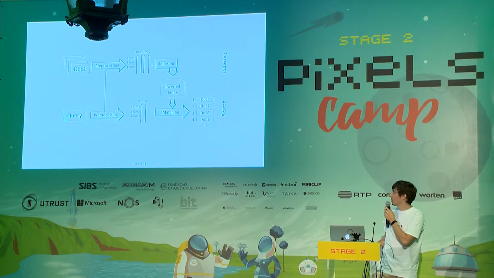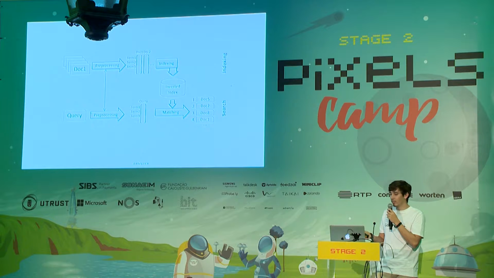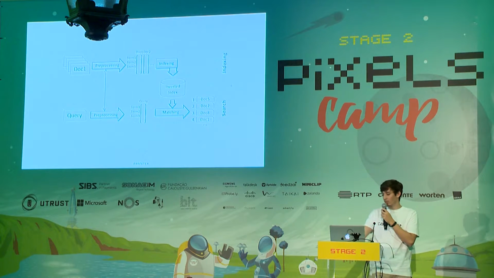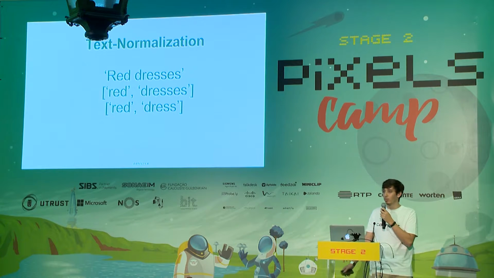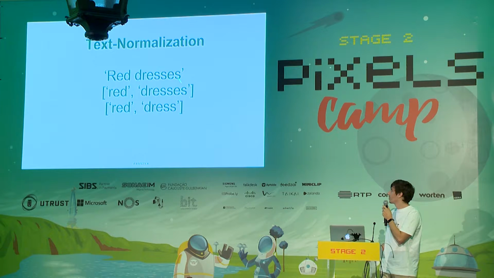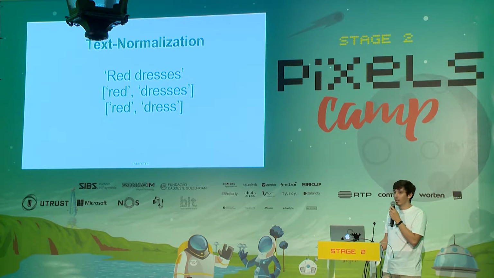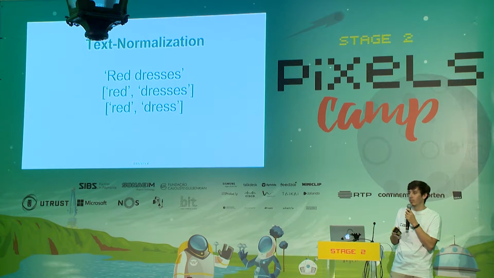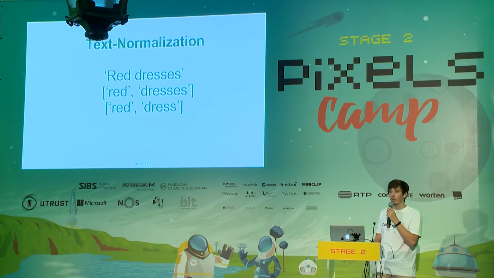You can see right here that what you basically do with these pre-processing steps is try to find a way to solve those kinds of things. A really common thing to do in this pre-processing phase is something called text normalization. So when you receive something like red dresses, which is basically a string, you need to define a way to divide it into much smaller units of meaning.